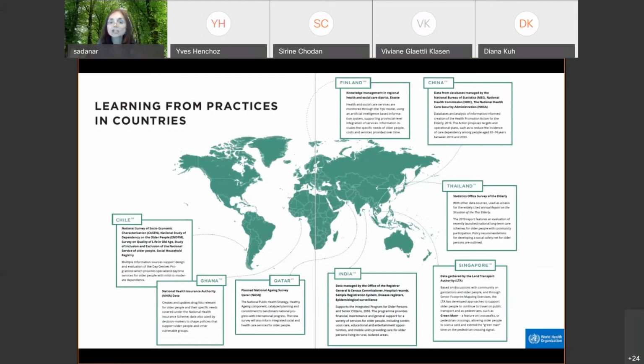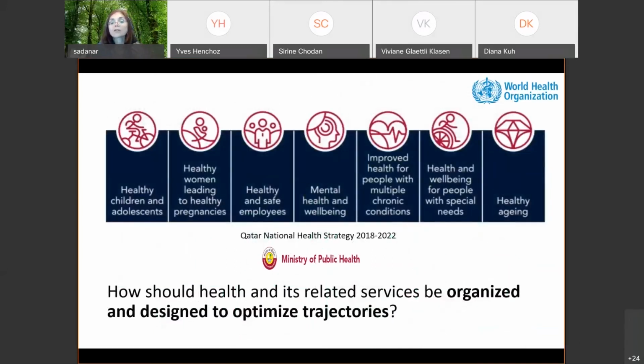I'll just give one example from Qatar, in that over the last couple of years, Qatar redesigned their national public health strategy. They went from a disease-based approach to a life course approach. And they really did it for 2 reasons. One, they liked the concepts of life course, and they thought that was compelling.